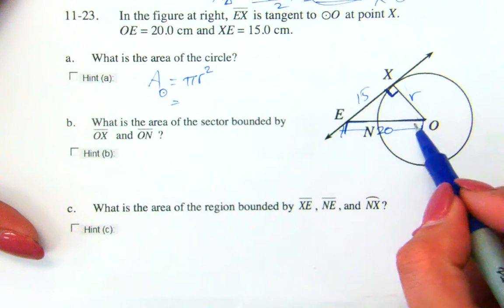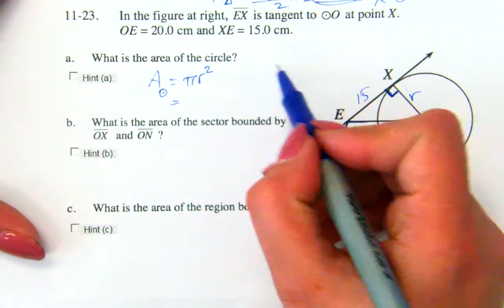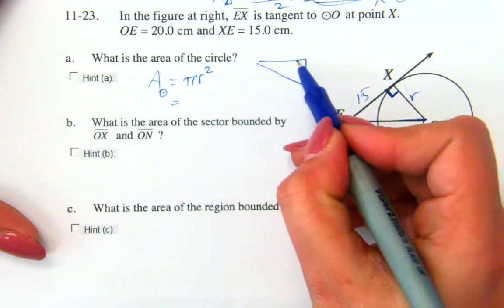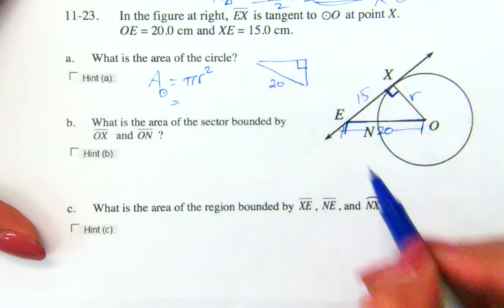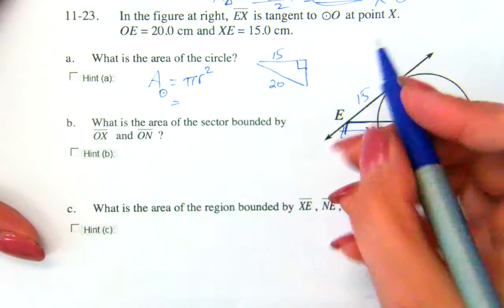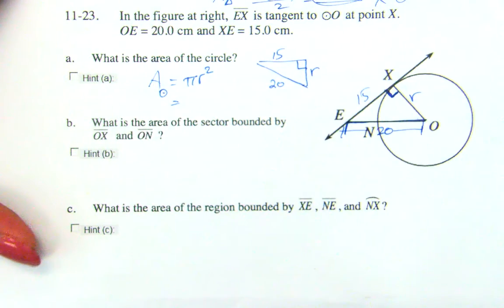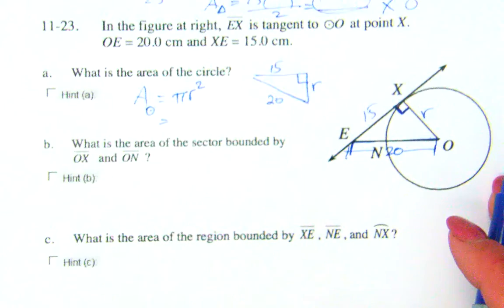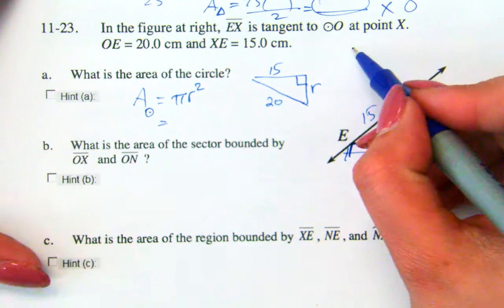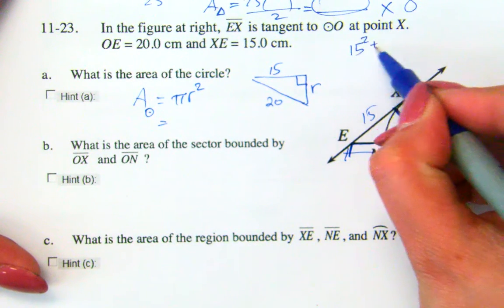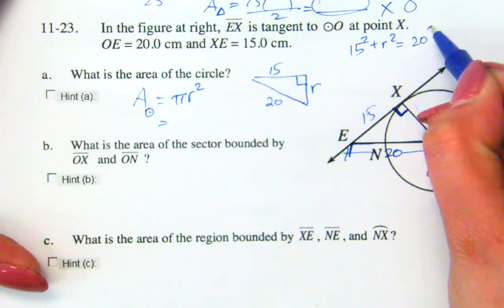And if you look at the triangle, since it's a really nice triangle, it gives you a right angle. Your hypotenuse is 20. This is 15. So what is your radius? This can be easily done by doing 15 squared plus r squared is equal to 20 squared.